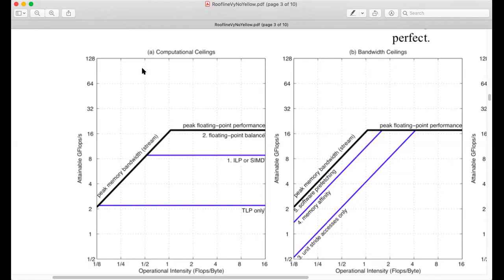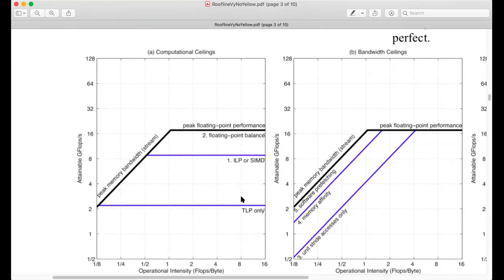Now if you go beyond thread level parallelism and try to use the SIMD lanes in each of the cores, that is the vector processing units in each of the 2 cores, and also exploit instruction level parallelism, you don't need to do it by yourselves, the compiler will try to do at least the ILP part for you. Then the achievable gigaflops goes to 8 gigaflops.